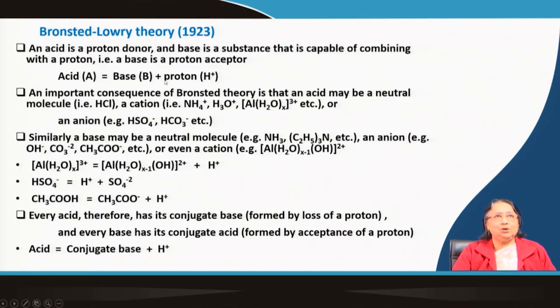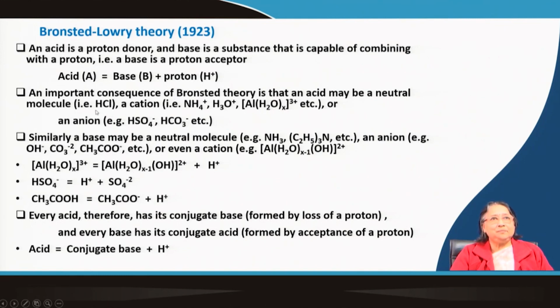If I denote acid as A and base as B, then the acid gives H plus, and that H plus will be taken up by the base to form some type of acid. So, this is more general, and it can explain many things beyond the Arrhenius and Franklin concepts.